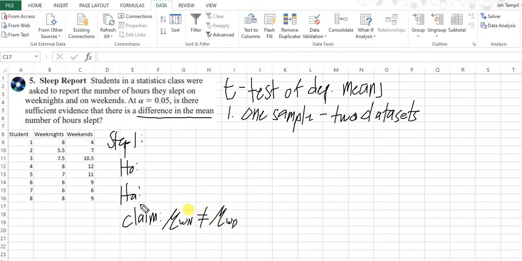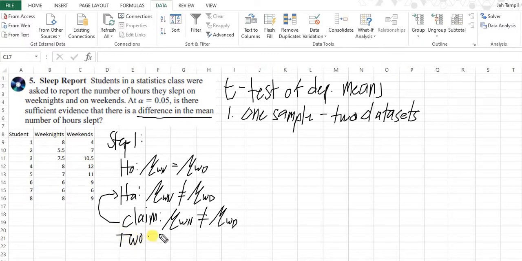Since this is an inequality, this should be here: the mean of weeknights is not equal to the mean of weekends. For our null hypothesis, the mean of the weeknights is equal to the mean of the weekends. And since this is just not equal, this is supposed to be a two-tailed test.